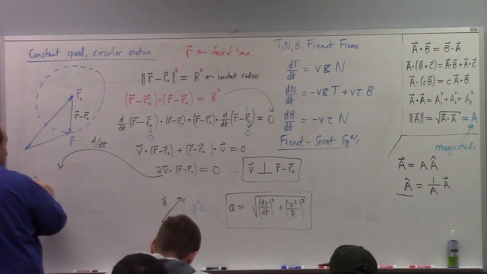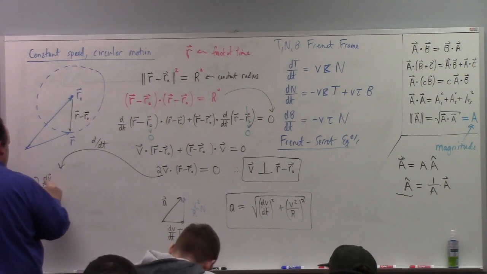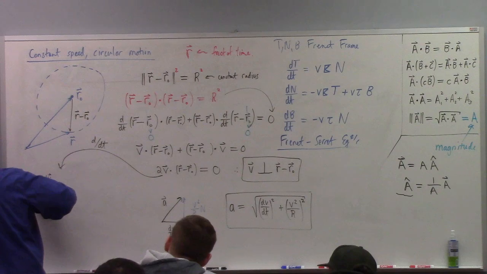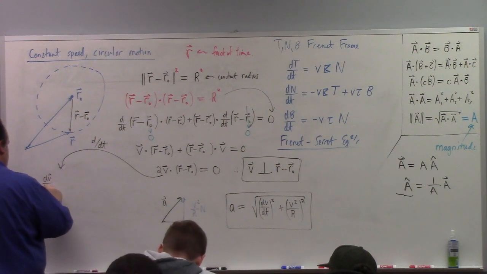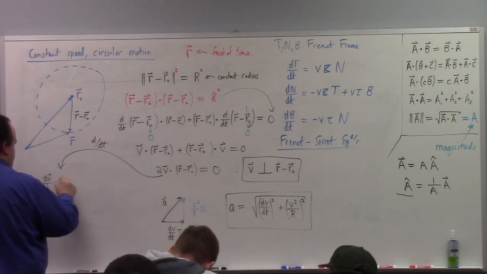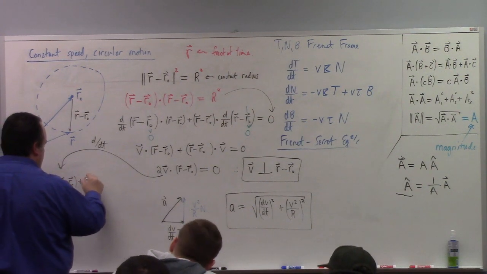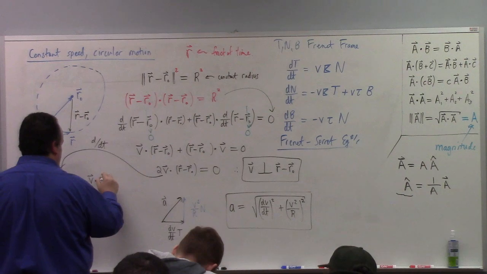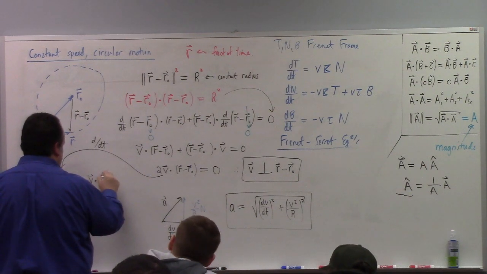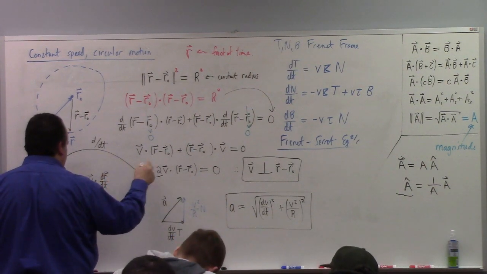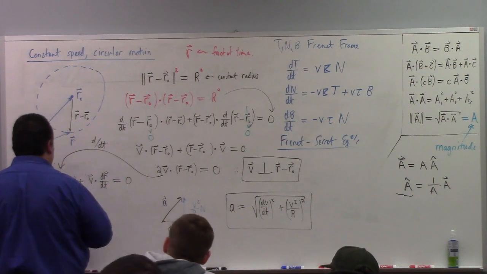We get 2 dv/dt. Let's drop the 2. So we get dv/dt dotted with (r minus r naught) plus v dotted with dr/dt, because the derivative of r naught is 0, right? That is equal to 0.